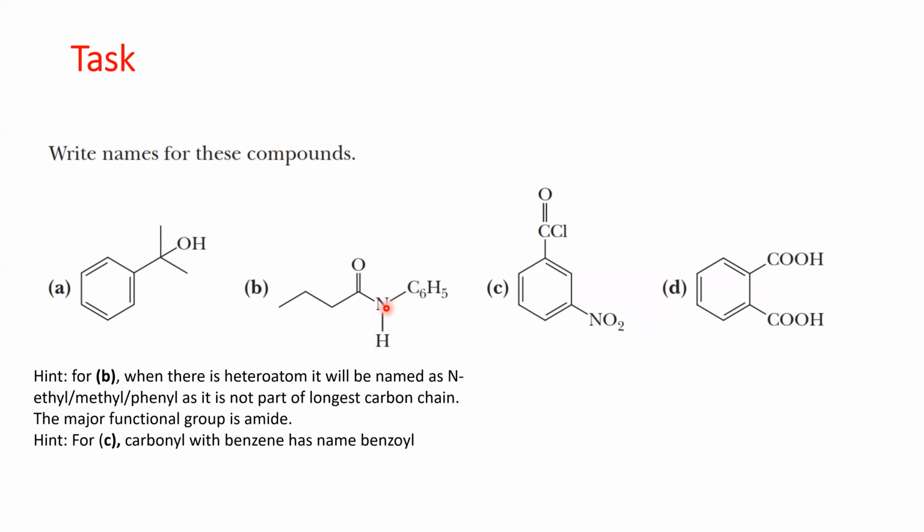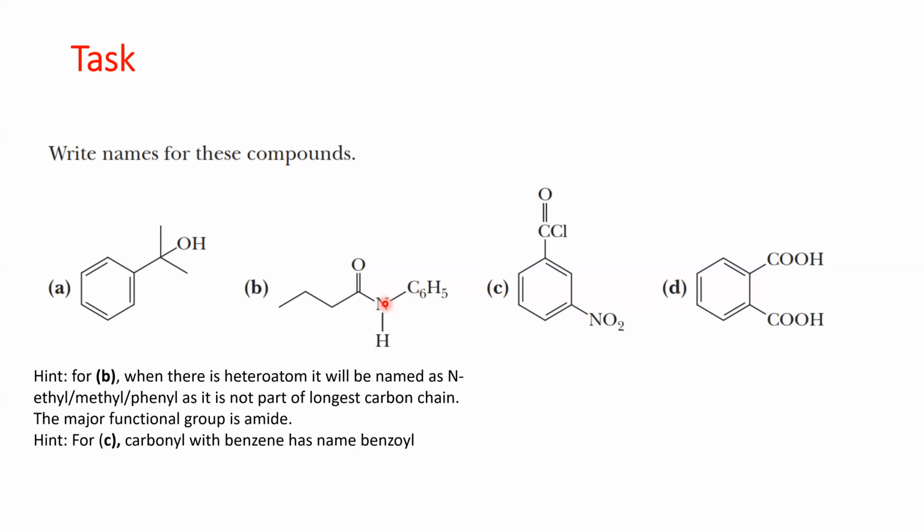So once there is no carbon and there is an atom like sulfur, oxygen, or nitrogen, it means this is breaking the longest carbon chain. So then that position will not be counted in the longest chain. So then for that substituent you have to mention by writing that element, that this is attached to this atom.